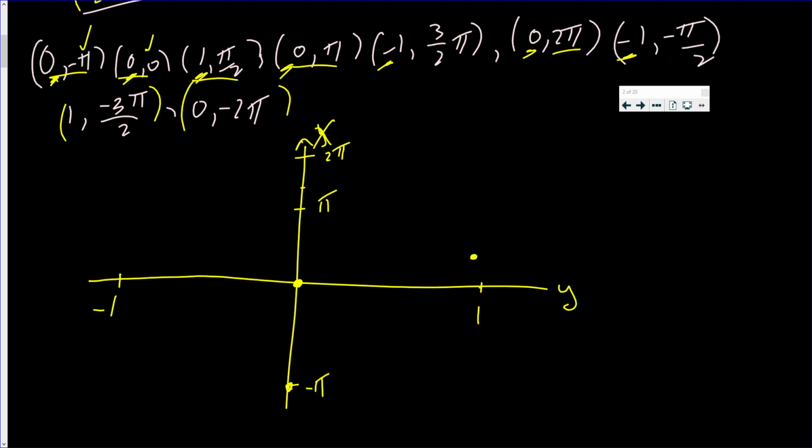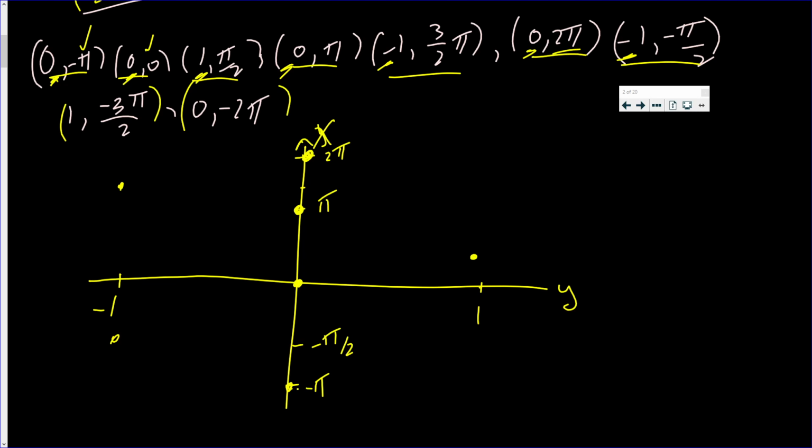And then 0, pi. That's right here. And then -1, 3 pi/2, 1.5 pi's, that goes there. 0, 2 pi, that's up here. -1, negative pi over 2, that's right here.